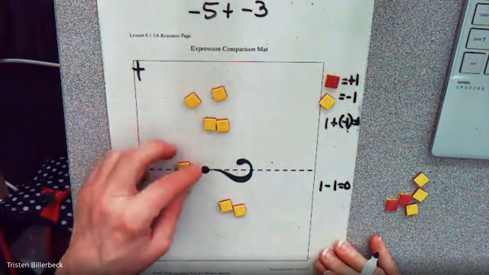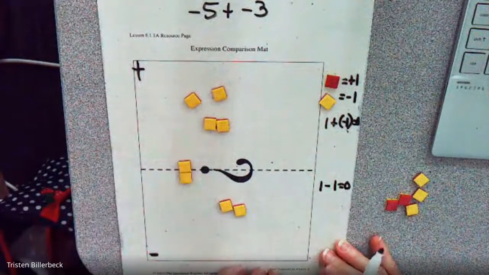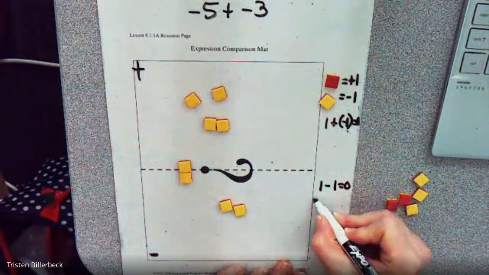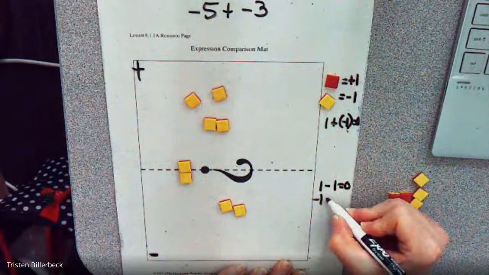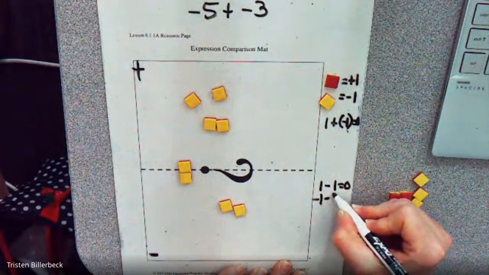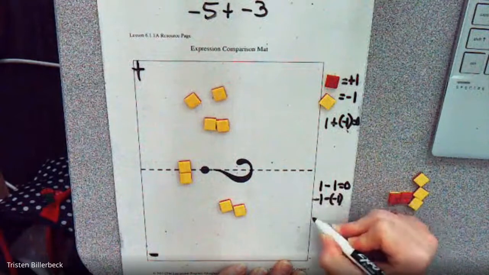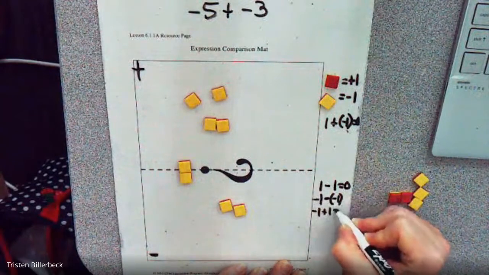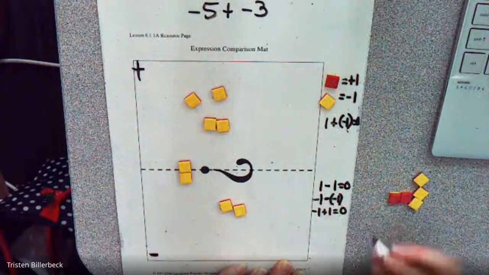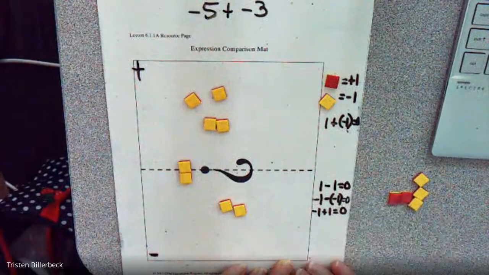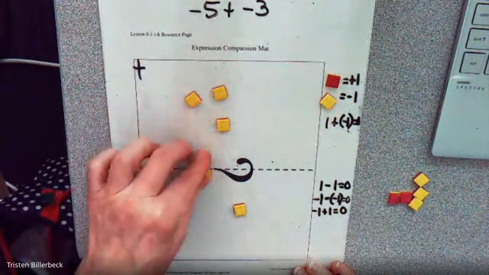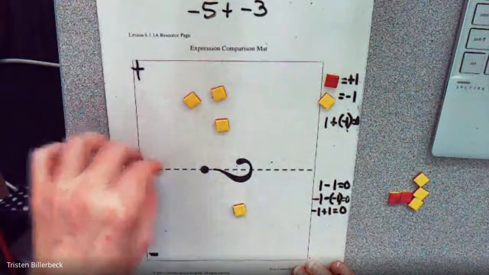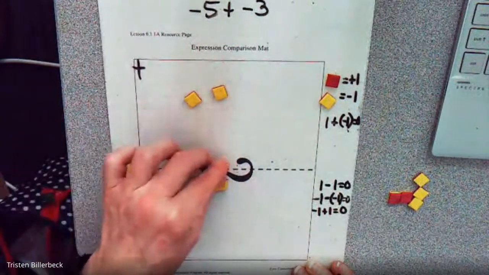They're the same color and they're on different sides of the line. Don't you think negative 1 minus a negative 1, that's really negative 1 plus 1, which is 0. So this is 0, so we have another 0. So that's a 0. And look at that, we've got another 0 here. And there's one more 0 here.